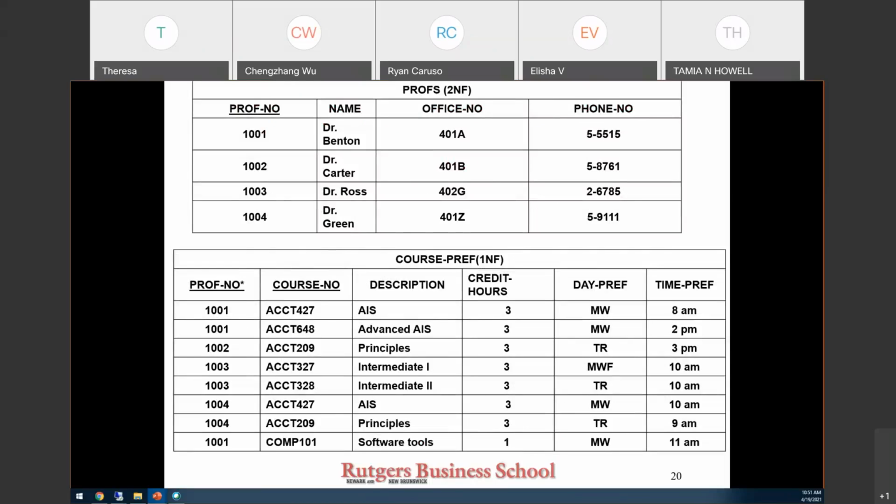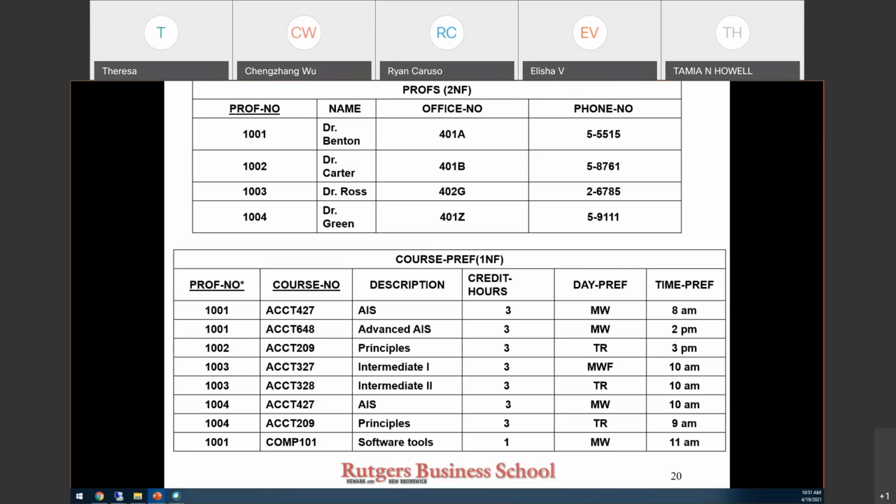But as I said, the professor table, I mean the first table on this slide, is only in second normal form, not in third normal form. So now let's consider the insert, update, and delete anomalies in second normal form.